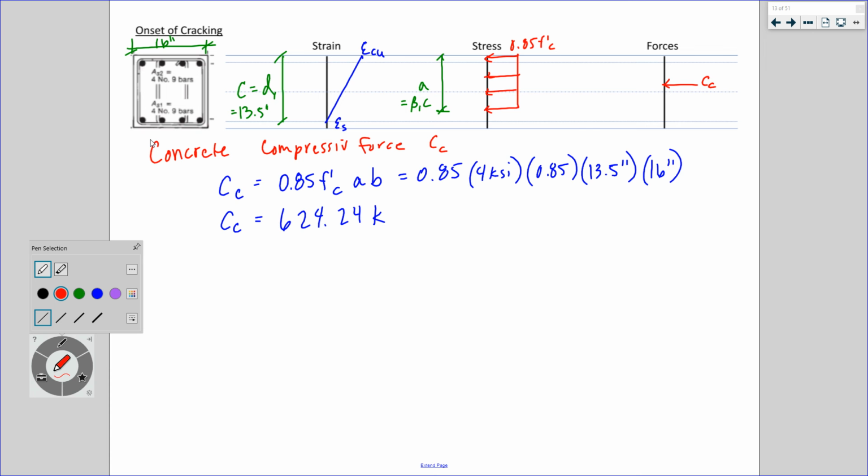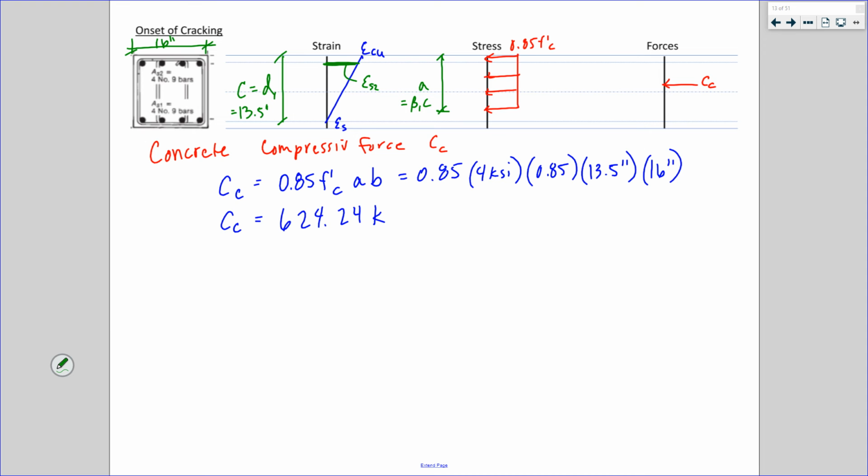So that's my contribution to the strength from my concrete. Now let's look at the steel. The compressive steel has, we have to figure out, a strain, ES2. This is 1 down here.